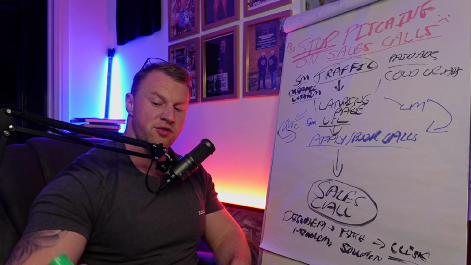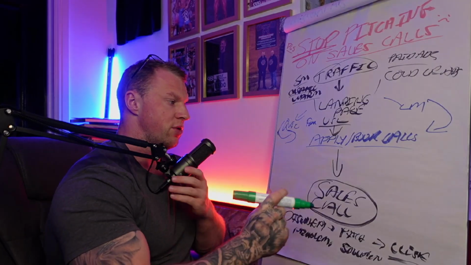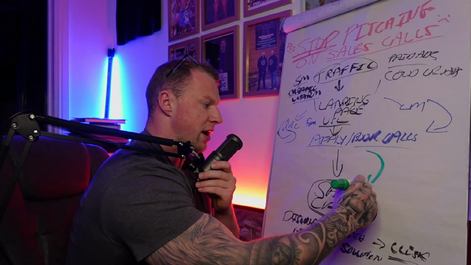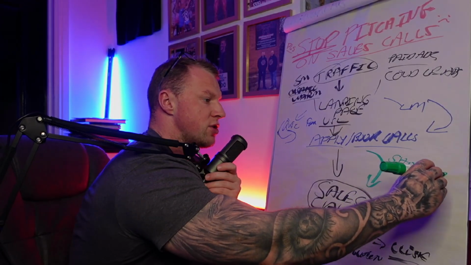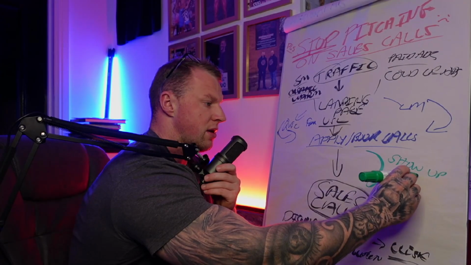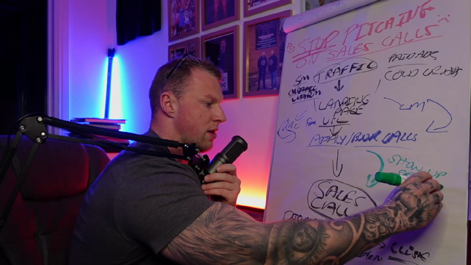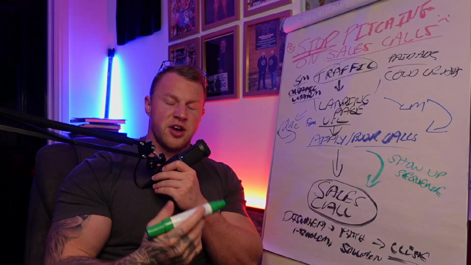Now, if any of you run paid ads, cold traffic, like I said before, you'll know that the show up sequence is so important, right? Or maybe you don't, and that's why you've got low show up rates. So let me call it the show up sequence. The show up sequence is basically a nurturing sequence.